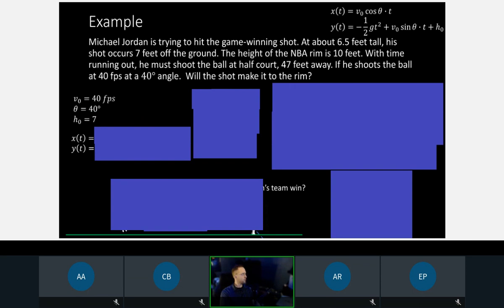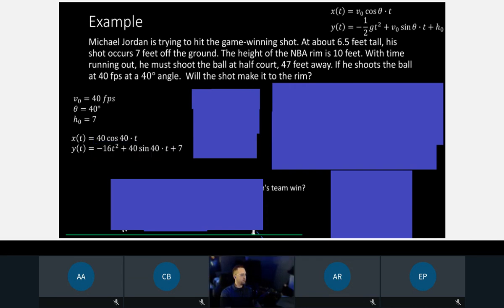We also know that the rim is 10 feet off the ground and that we are 47 feet away from the rim in the horizontal direction. I didn't write those down, but I should have. All right, so we're going to plug that stuff in.